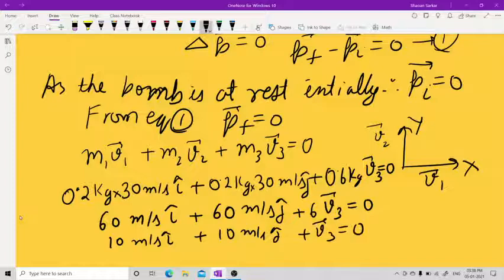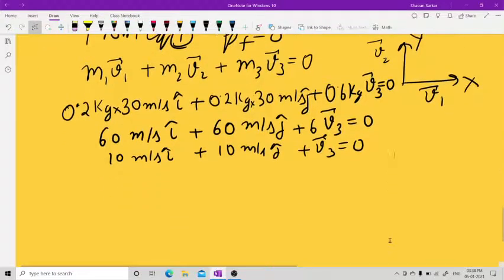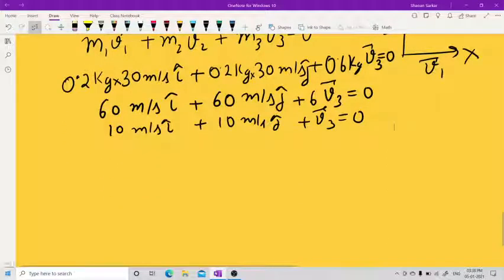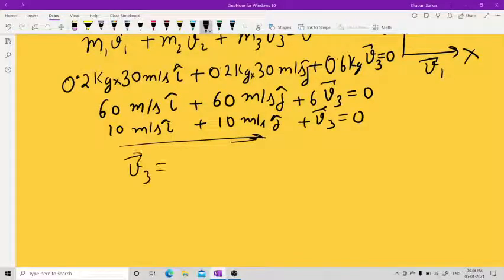Now let me take some more page. Now transfer this part to the other side. So v3 is minus of 10 meter per second i plus 10 meter per second j.